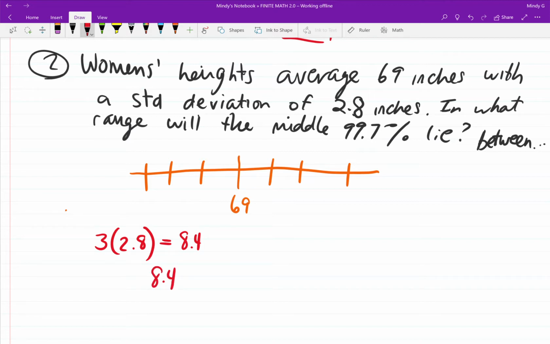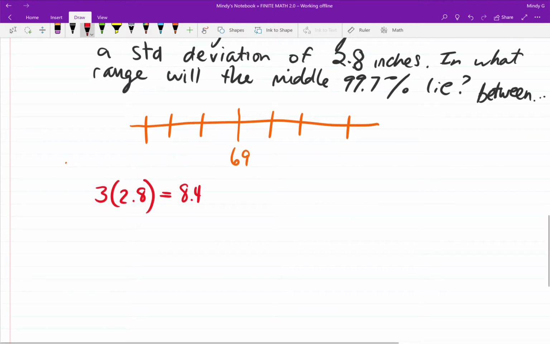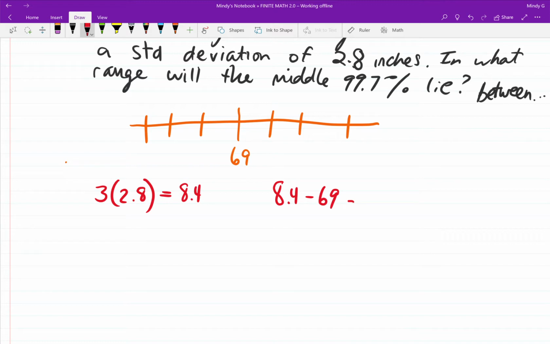Does that make sense to you guys? 99.7% of my data is falling 3 standard deviations away from the mean. Each standard deviation is 2.8. So if my mean is 69, I do minus 2.8, minus 2.8, minus 2.8 to find the low end, and then plus 2.8, plus 2.8, plus 2.8 to find the high end. Yes?